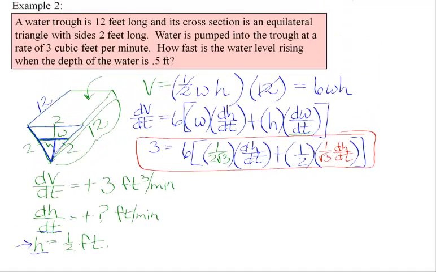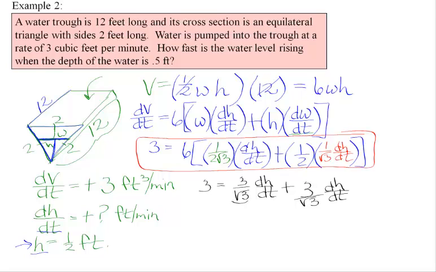So the algebra that goes along with this: 3 equals, when I distribute the 6 over that first term, I get 3 over root 3 dh dt, plus distributing the 6 through the second term, I get 3 over root 3 dh dt.